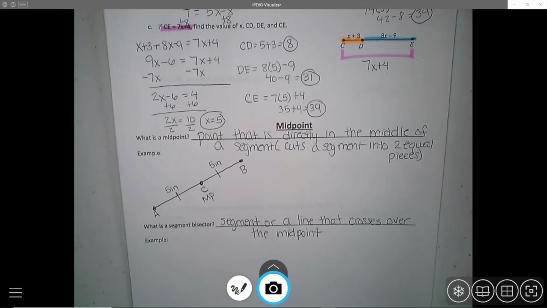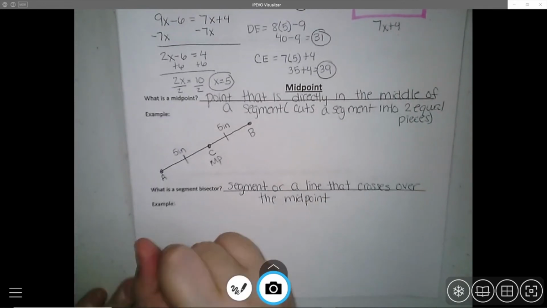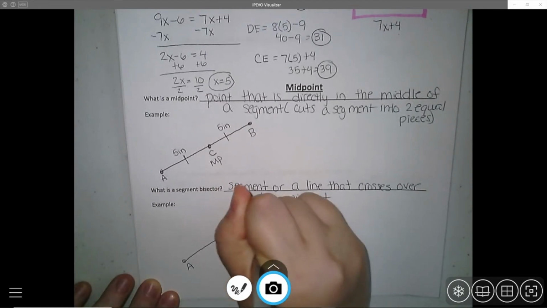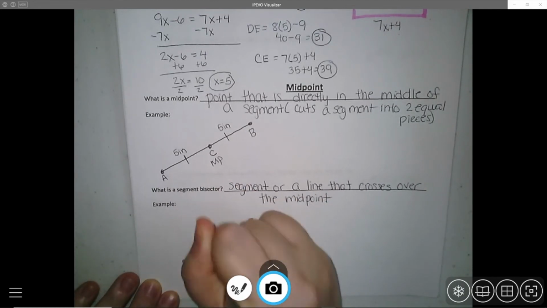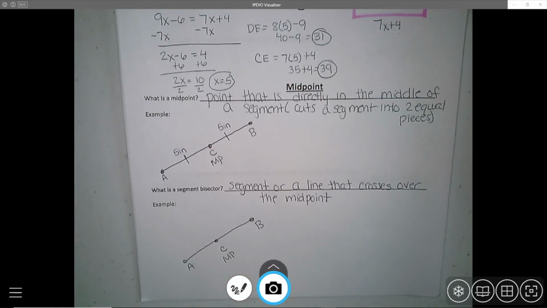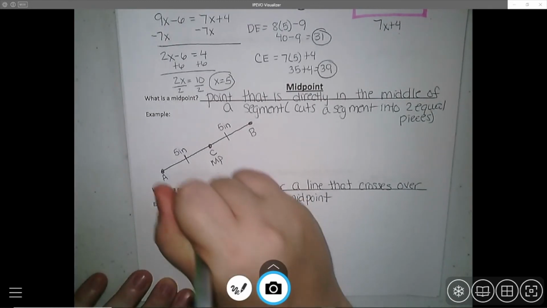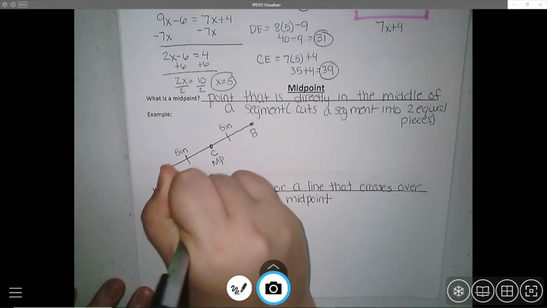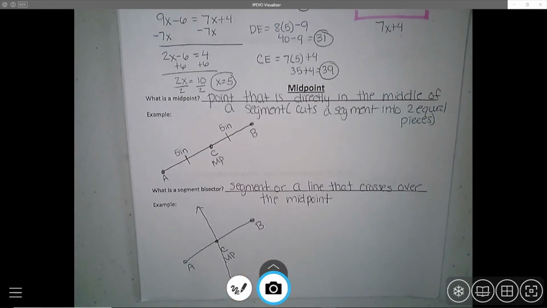So visually what this is going to be is you have a line segment, let's say AB, you have a midpoint which is C, and I'm going to abbreviate that that's a midpoint with MP. You're going to have either a line or a line segment that goes through and is drawn right through that midpoint. That's what a segment bisector is.